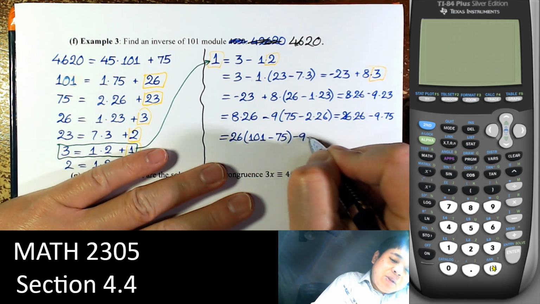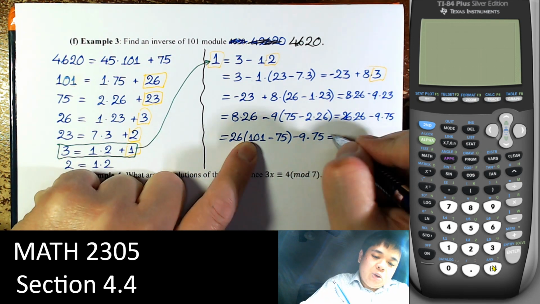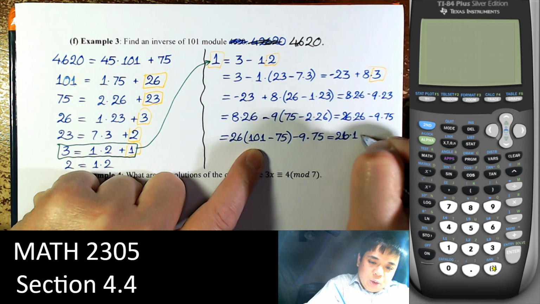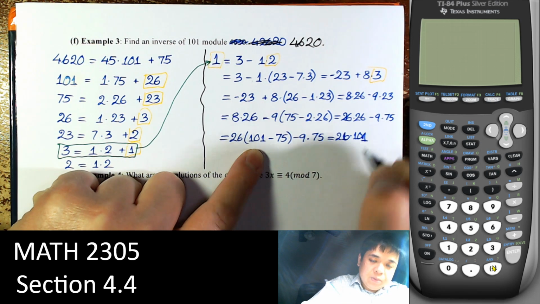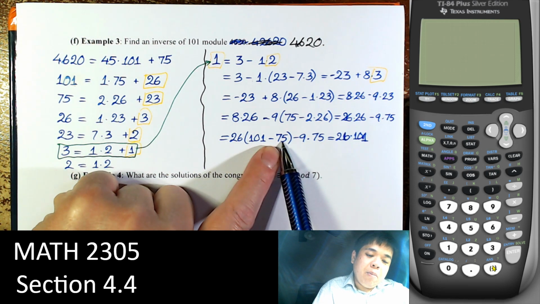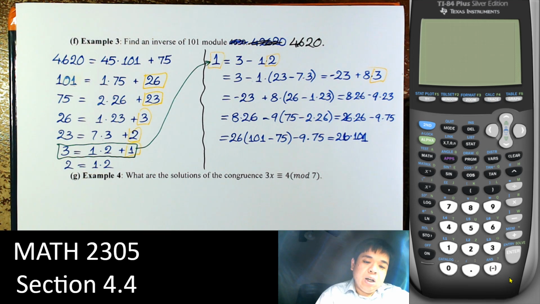Minus 9 times 75. So that's 26 times 101. And then minus 26 minus 9. 26 and 9 minus 35.